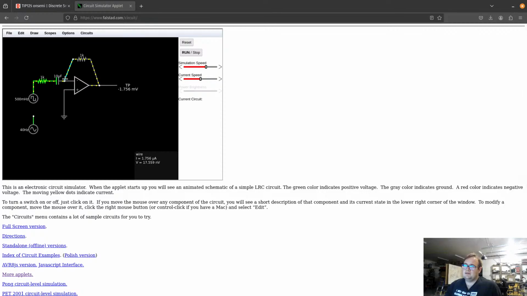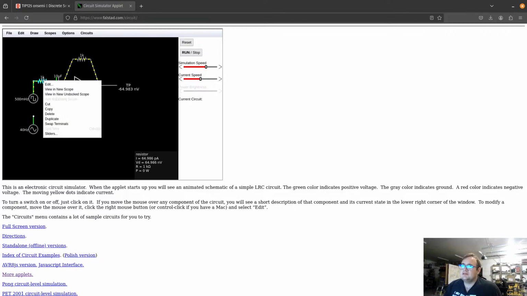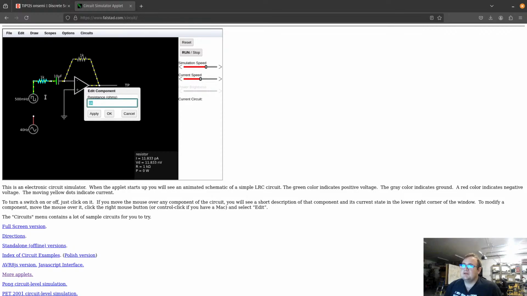Yeah, so right here, seeing 5 volts. Let's make this a bit smaller. Say 100.